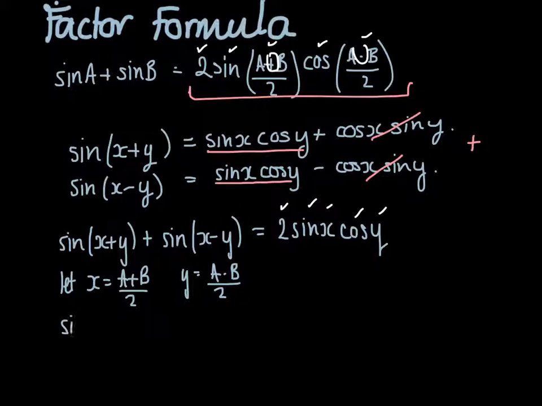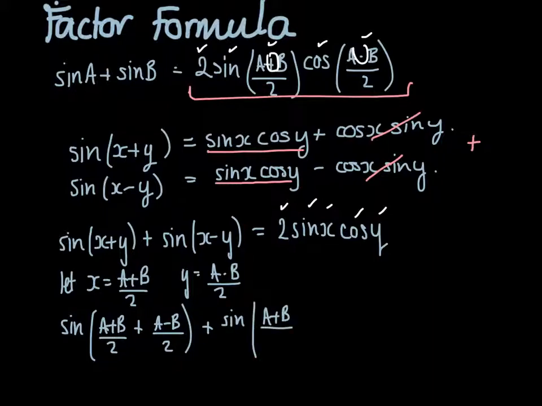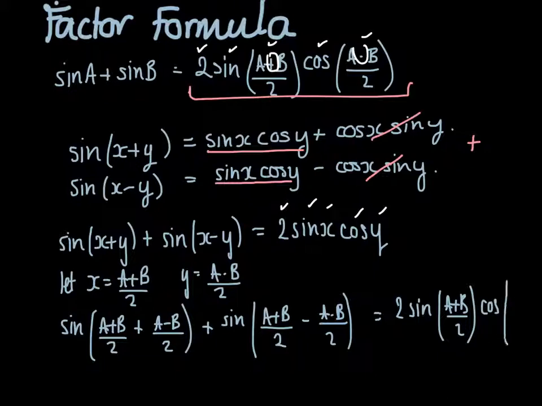So sine of x, so a plus b over 2 plus y, a minus b over 2, plus sine of a plus b over 2 minus a minus b over 2 is equal to 2 sine a plus b over 2 cos a minus b over 2.